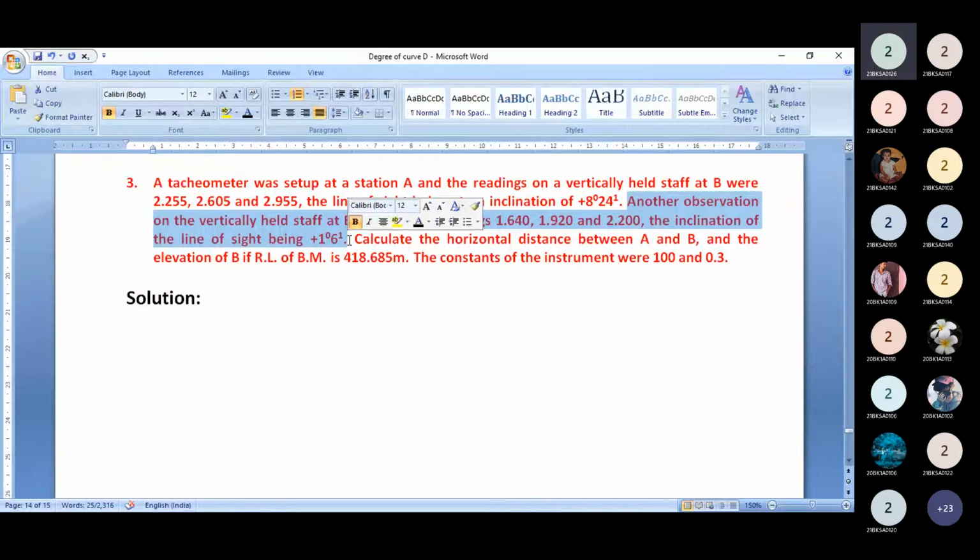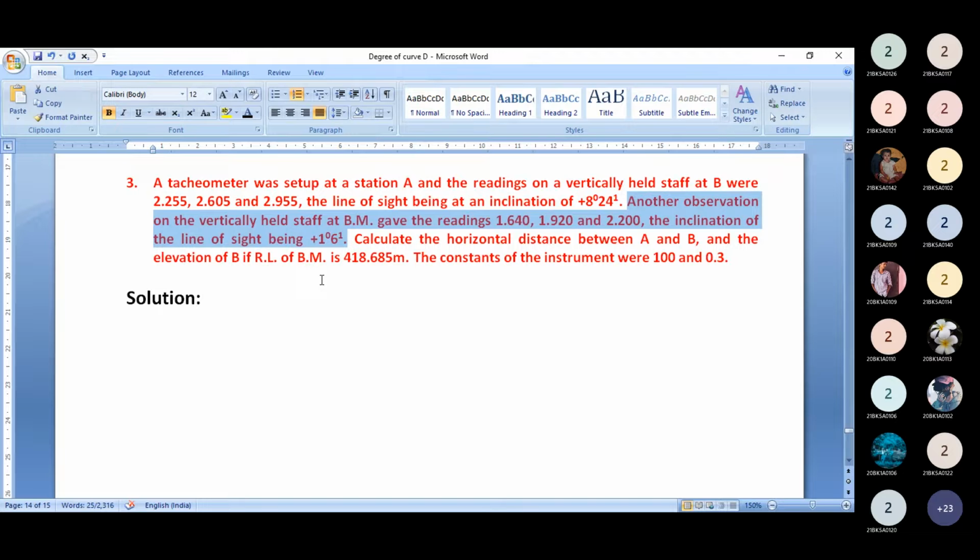Whenever we take the RL of the instrument axis, we keep the leveling staff at the benchmark and take the backsight reading. Remember that whenever we take the reading at the benchmark, the instrument should be set to 0 degrees 0 minutes.